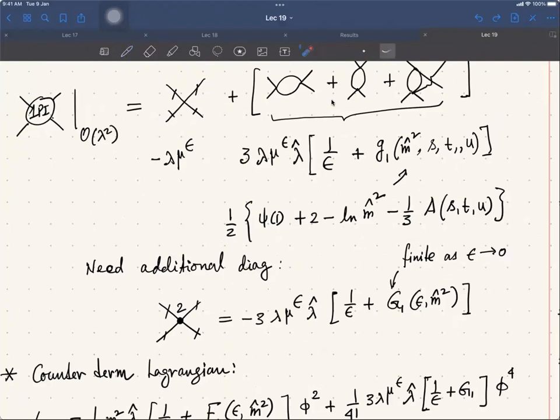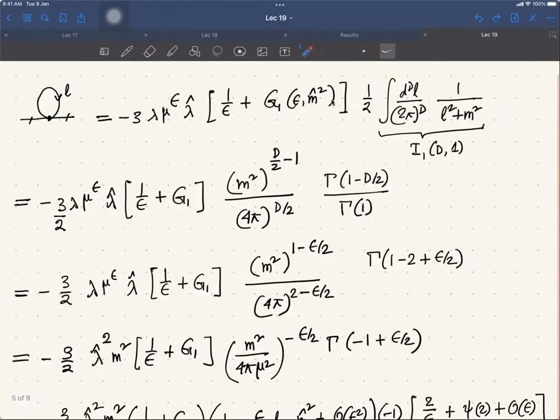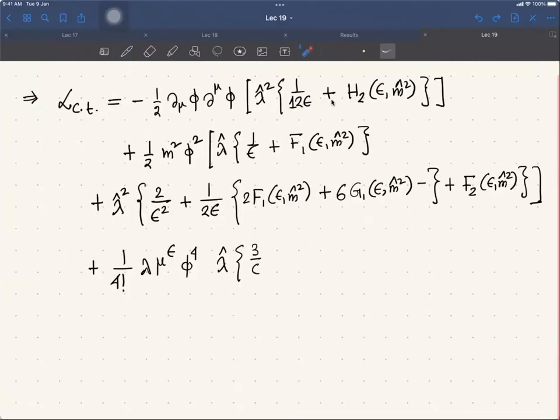So this is the term 3 by epsilon plus 3g1. So this is rendering the theory finite up to order lambda square.